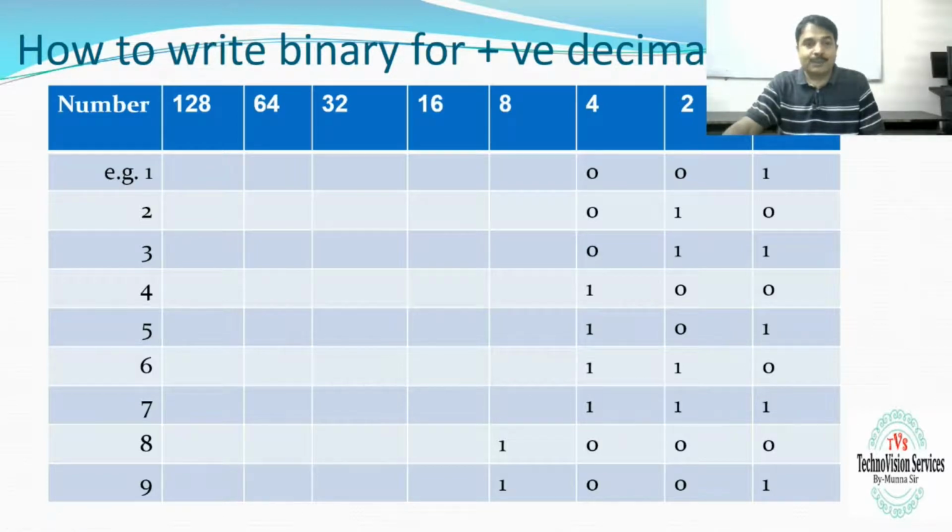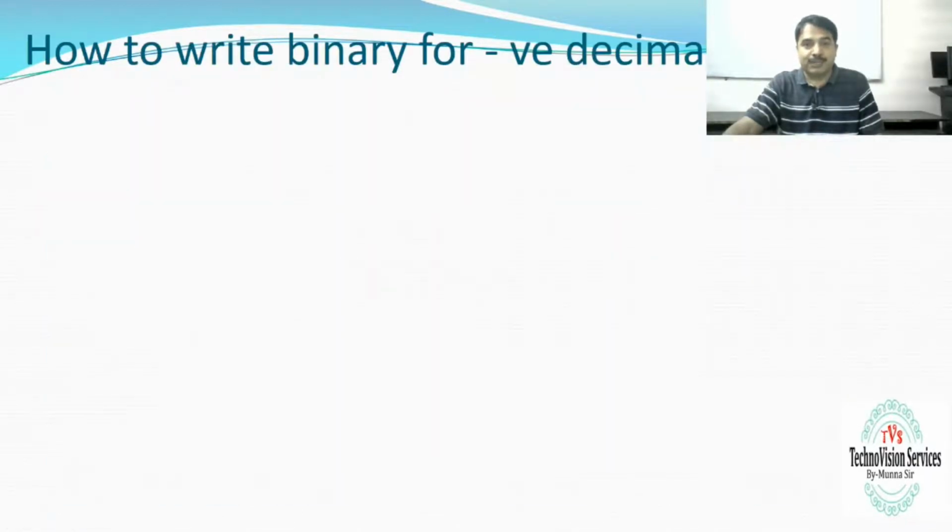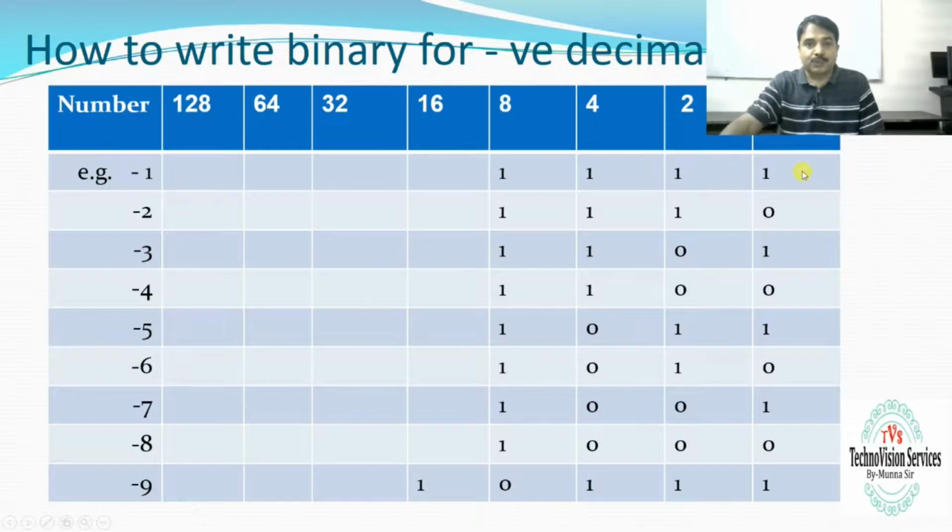How to write binary for a negative number? Let's see. Suppose we want to write binary for -1 to -9. How can we write it? For binary 0, every bit is zero. For -1, all bits will be 1, 1, 1, 1.